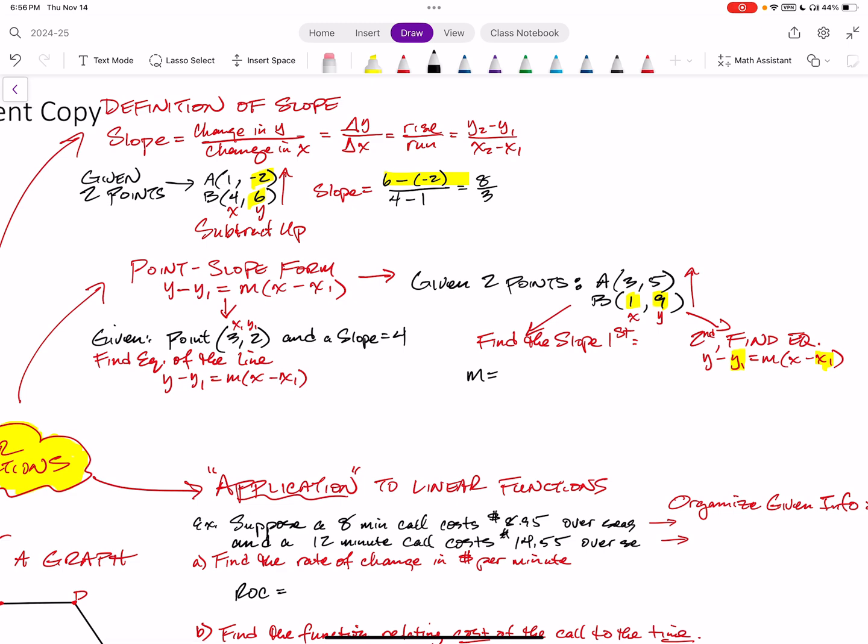Now, the second basic skill is using point-slope form. There are two basic classic problems. The first one we're going to do over here, and the second classic problem we'll do on the right. Given a point and a slope, how do you find the equation of the line?